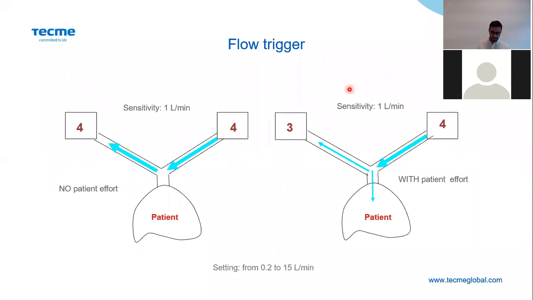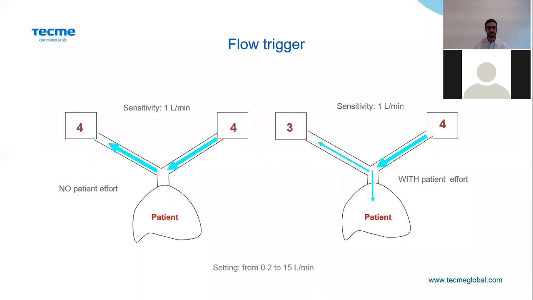Of course, the amount of flow that the patient needs to take from the ventilator can be a small one or a big one, and it will depend on the inspiratory sensitivity. You can set this inspiratory sensitivity from 0.2 up to 15 liters per minute.